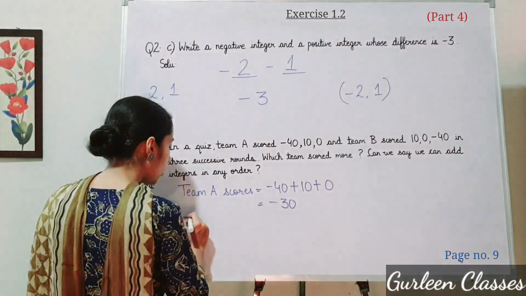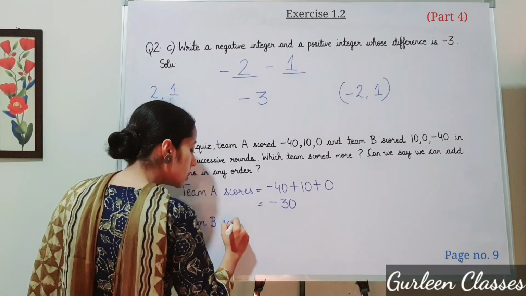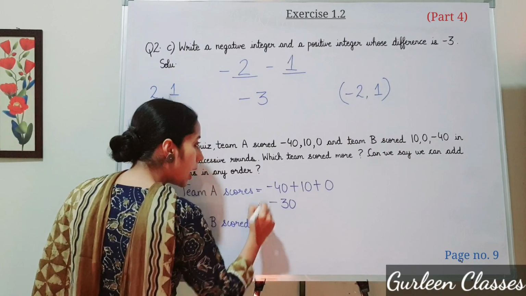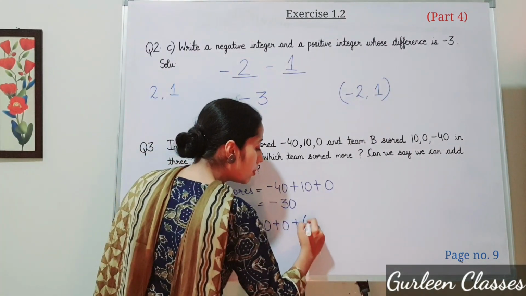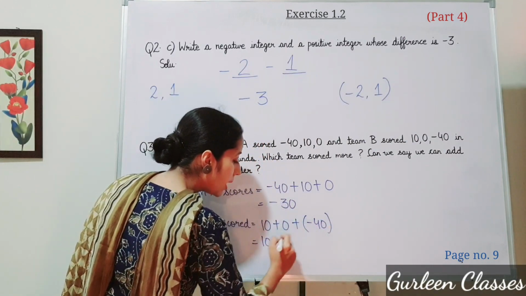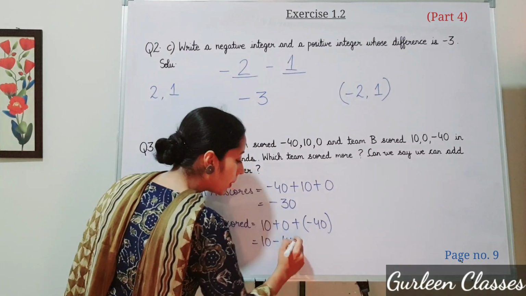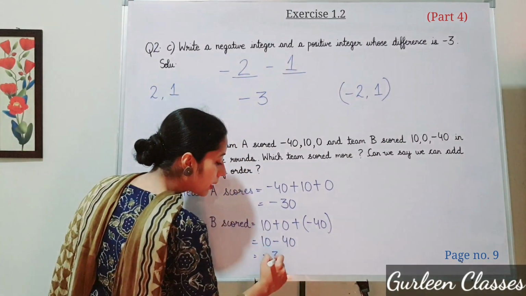Now let us solve Team B. Team B scored how much? 10 plus 0 plus -40. So it will be 10 plus -40. The bigger number has a minus sign, so it will be -30.